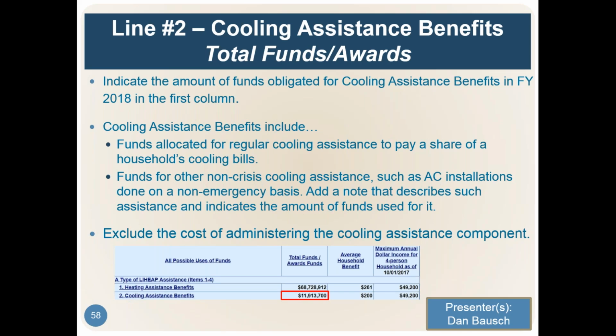If part of your cooling assistance funds are used for non-emergency equipment, such as air conditioner installations, that's a situation where you should include a note to indicate that. And as Melissa said, we'll keep putting this reminder bullet here to exclude the cost of administering that component.